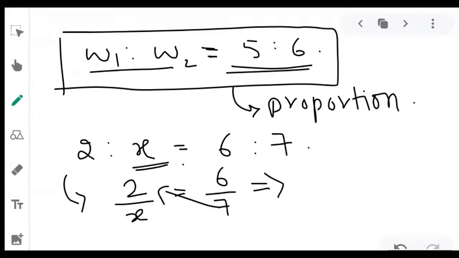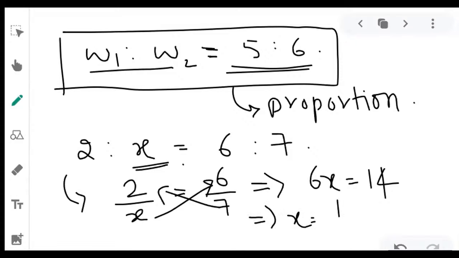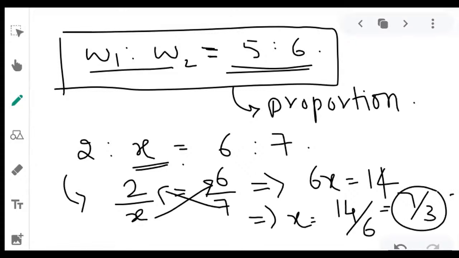If you cross multiply, 6x is equal to 14, and x equals 14 by 6, that is equal to 7 by 3. Does it make sense?